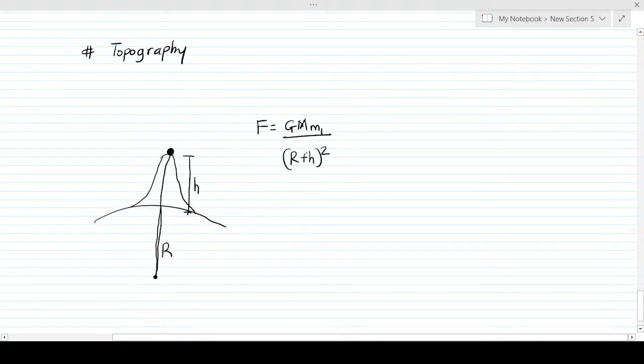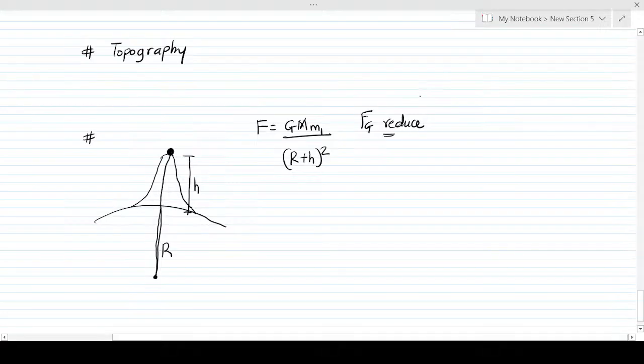And now because the distance between them has increased, the force of gravity is going to reduce. So this is the first case. When the force of gravity is measured at a certain elevation of the earth, it's going to reduce gravitational force.